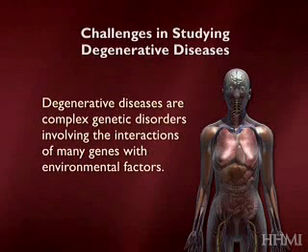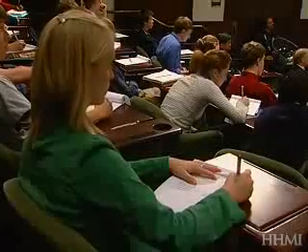Moreover, as I've already said, there's an interaction with the environment, and the environmental signal or signals in general aren't known. Now, the reason we know that is there are cases of identical twins, so they have the same genes, where one gets a disease and the other doesn't. So that shows that it was the environment, their growth and development, which allowed for some signal added to the genetic background to give rise to this disease state.